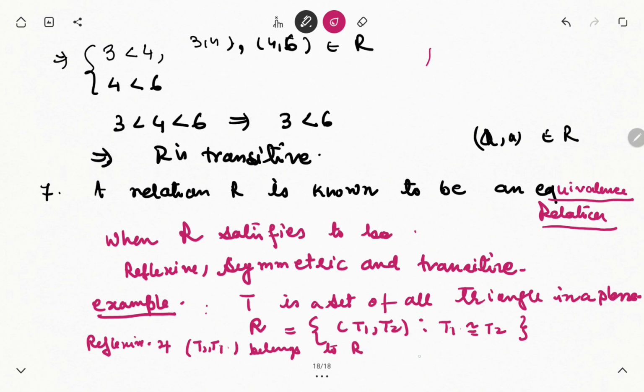Now see, if we consider T1 as a triangle, then T1 is always equal to T1. So T1 is congruent to T1. Every triangle is congruent to itself. So that's why this implies (T1, T1) belongs to R.